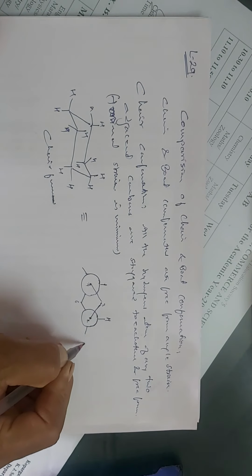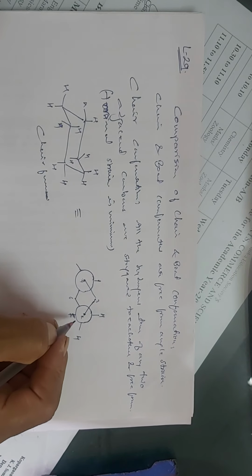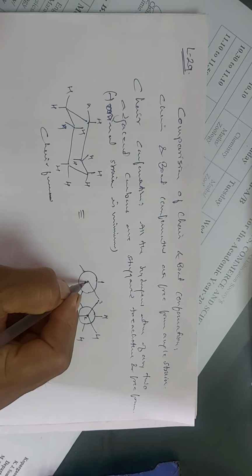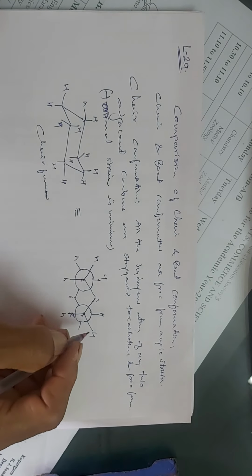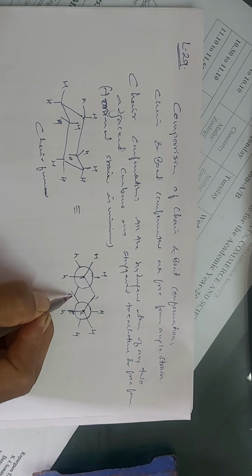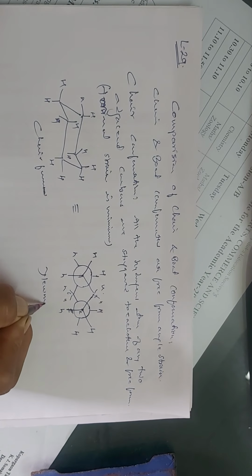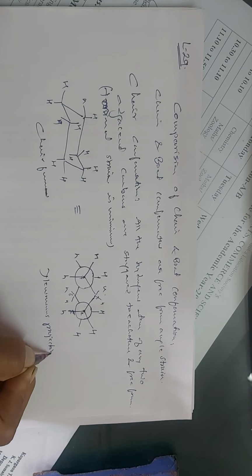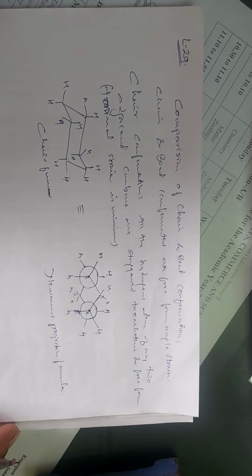And so all these hydrogen atoms are staggered to each other. So this is your Newman's projection formula of chair conformation.